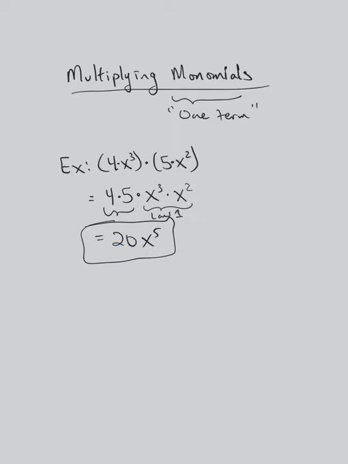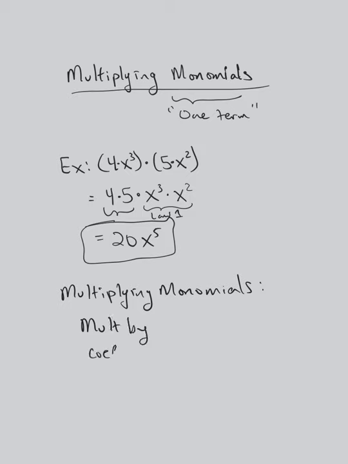We added the exponents. So anytime you're multiplying monomials, as long as the variable is the same, you can shortcut the process by multiplying the coefficients and then adding the exponents.